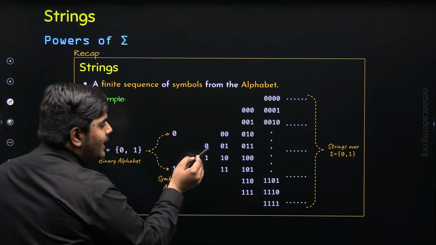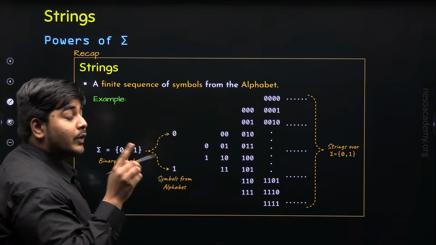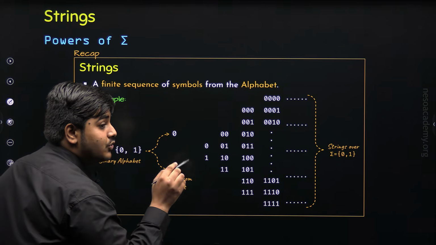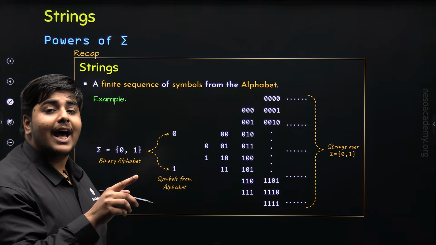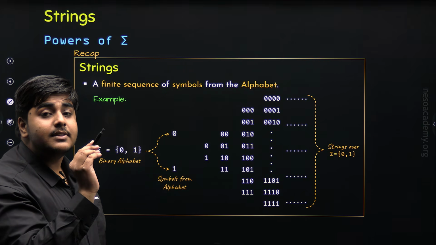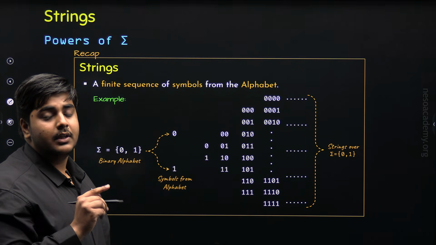Now, what is the length of these two strings? It is 1. So if I create a set of only these two strings, the strings of length 1, I will get a set which is called sigma to the power 1. Now 1 means that the set only contains the strings of length 1.